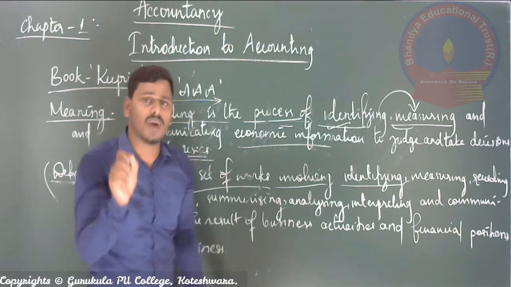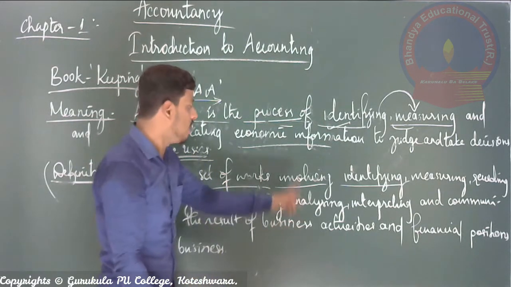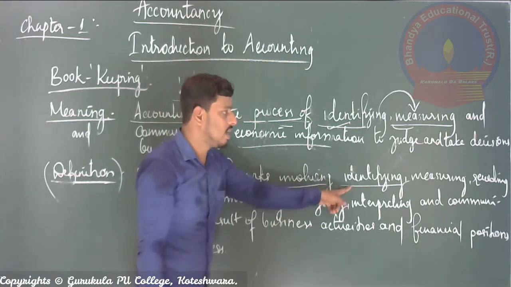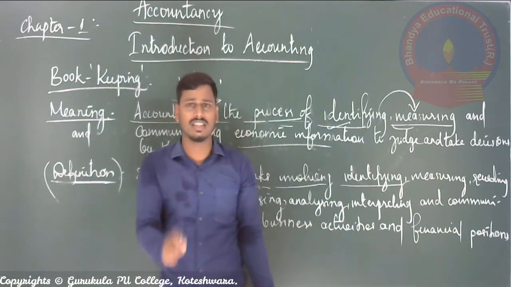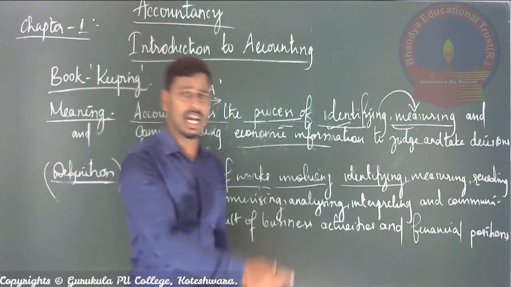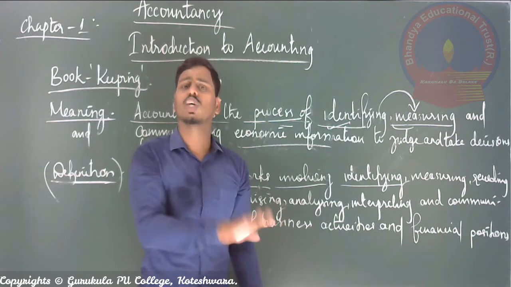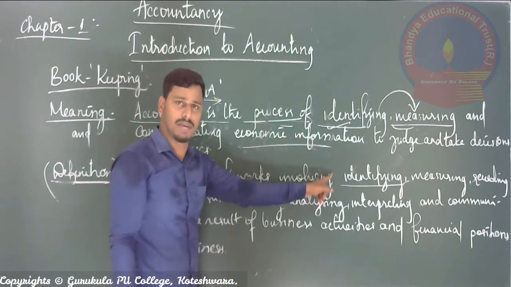And we have to identify what is to be recorded, correct? So identifying, measuring: if anything is impossible or not able to be given monetary values, then it is not called accounting information, not called economic information, correct?